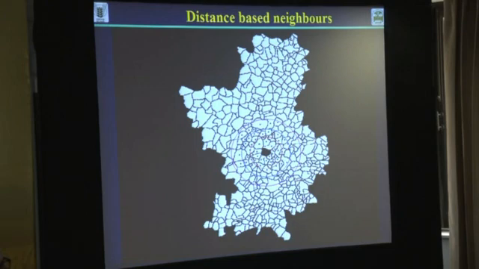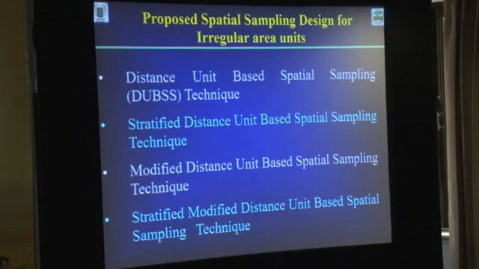So in this way we calculate distance-based neighbors, and using the same sample selection method and the estimation procedure, we got the estimates. And similarly, following our contiguous area unit spatial sampling, we got the distance unit based spatial sampling technique, then stratified distance unit based spatial sampling, and again modified, in which in the first case we have selected the sample using probability proportional to size, that is PPS, and the stratified modified distance unit based spatial sampling technique.